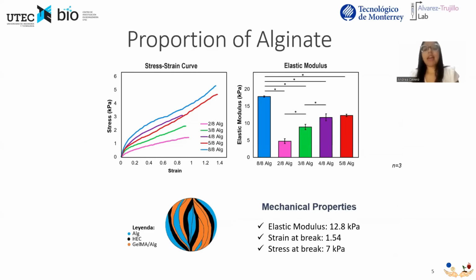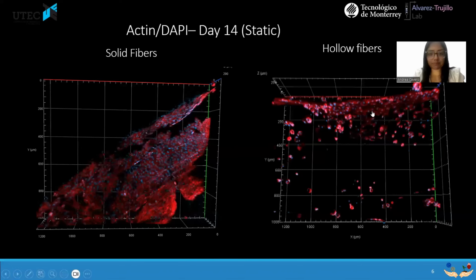We concluded that the optimal proportion was to use 3 out of 8 layers of alginate inside the fiber, because it gave us a sweet spot between mechanical stability and including as many void microchannels as we wanted, because the void microchannels improve the mass transfer of nutrients for the cells, and also so as not to miss out the bioink layers, because in these layers cells will be adhered. And the elastic modulus of this optimal fiber was 12.8 kilopascals.